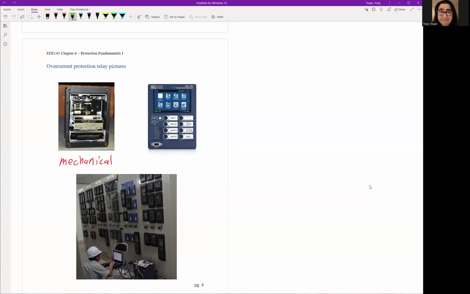A newer digital relay uses a microprocessor. So some people call it digital. You also might hear microprocessor-based relay, right? Obviously, you can see here, this is more of an LCD screen with some buttons and some LEDs to light up.